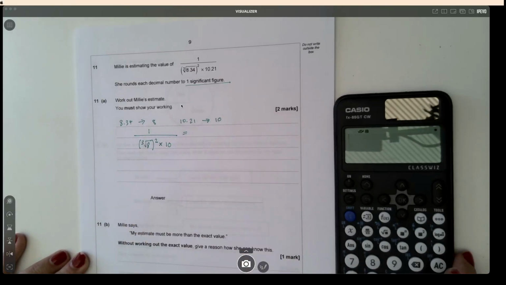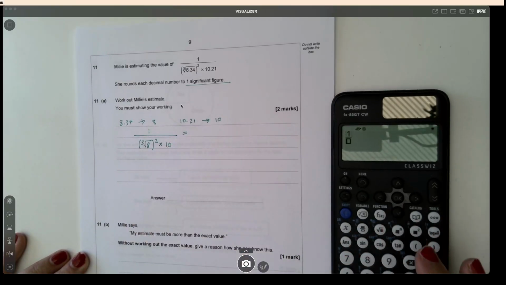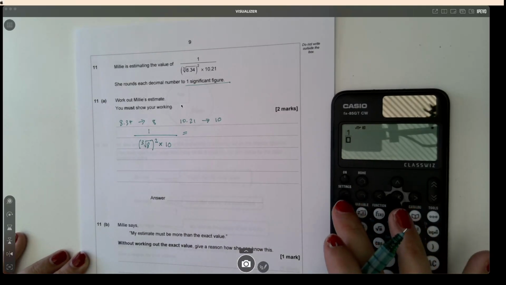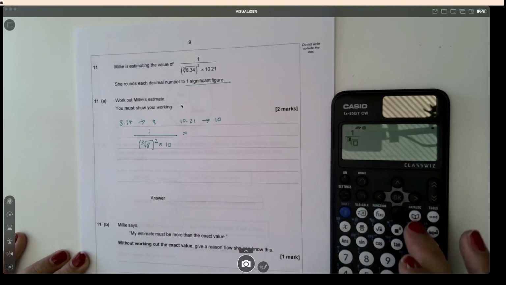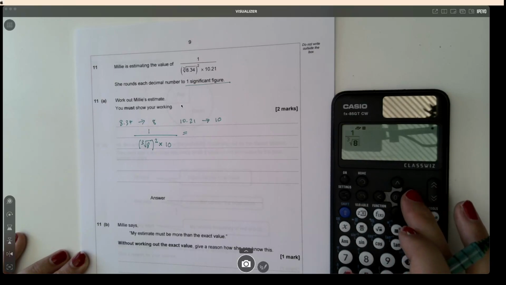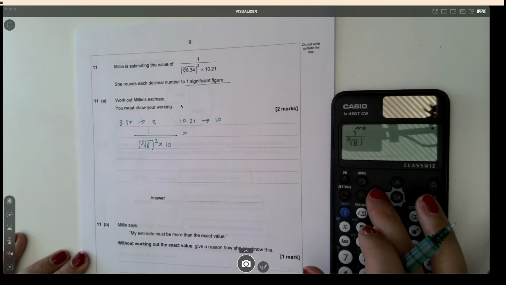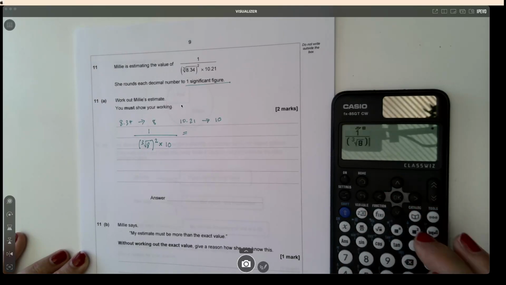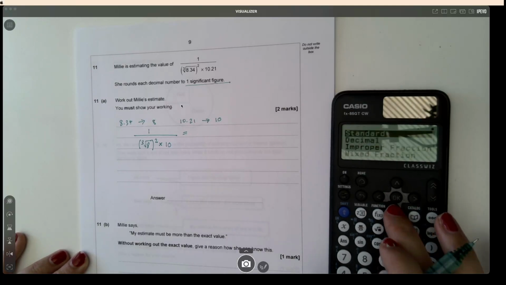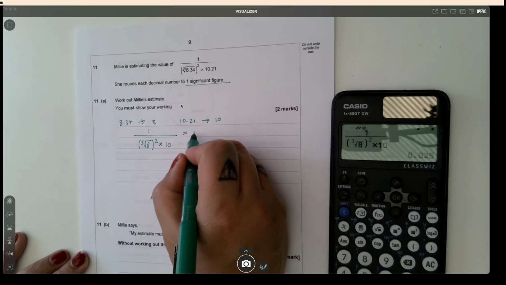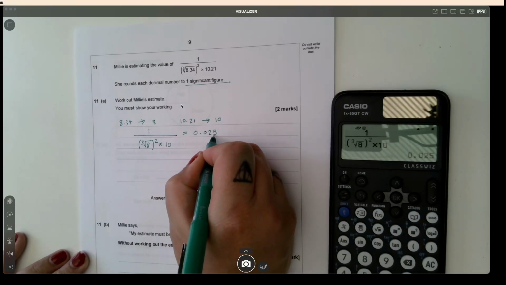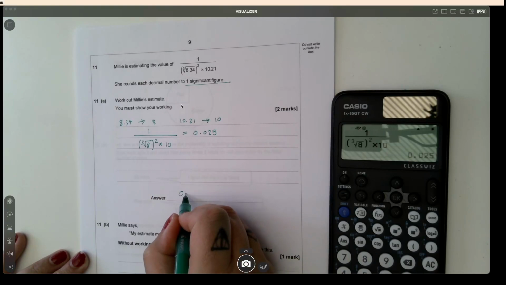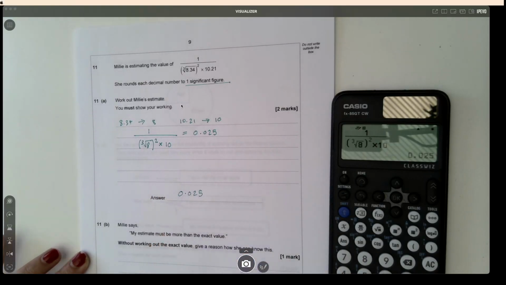And then we're going to pop that in our calculator, making sure we have brackets around that cube root, so the whole thing is squared multiplied by 10, and then press equals. So that is 0.025. And we're going to put that on our answer line.